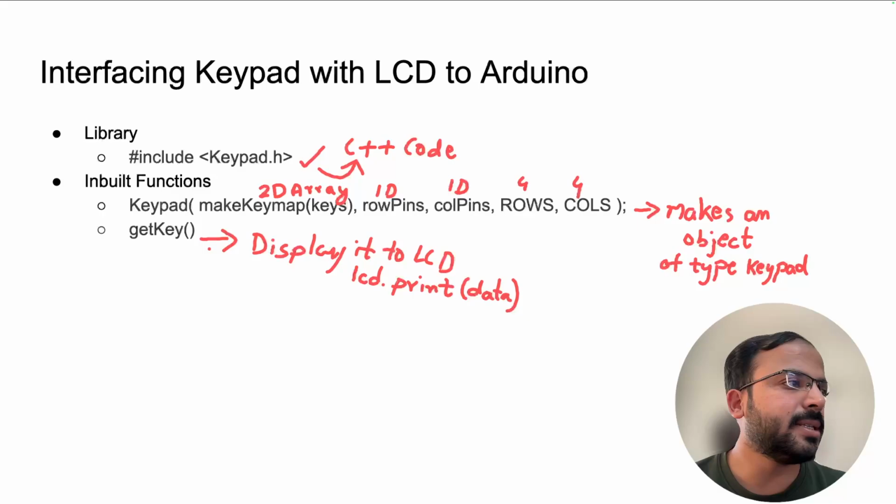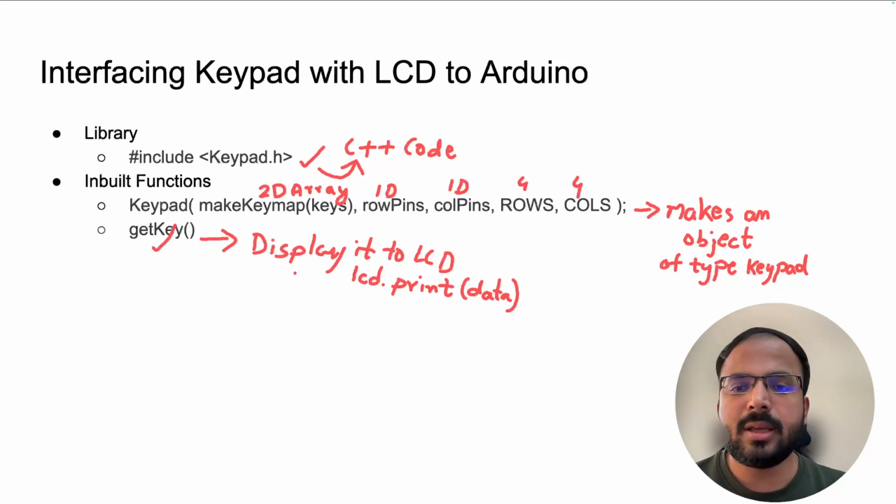We recognize the key from this function and display it to the LCD using LCD dot print. So this is the use of these two functions, which are used for interfacing the keypad to Arduino, and then ultimately displaying it on the LCD.